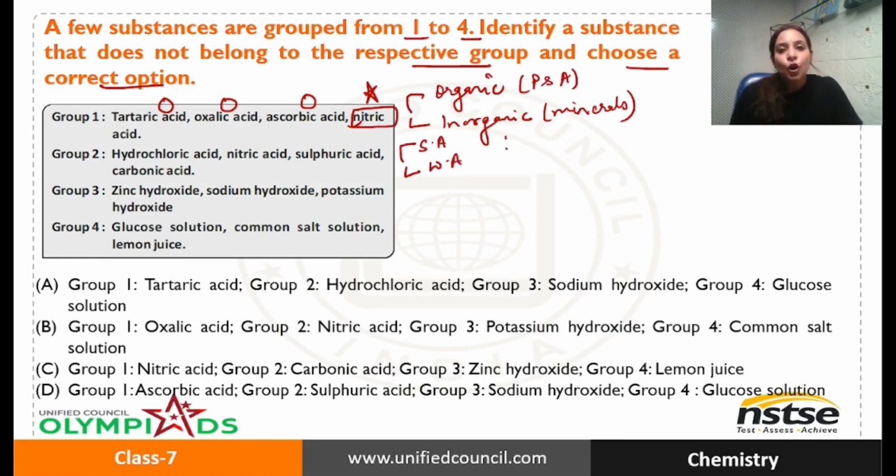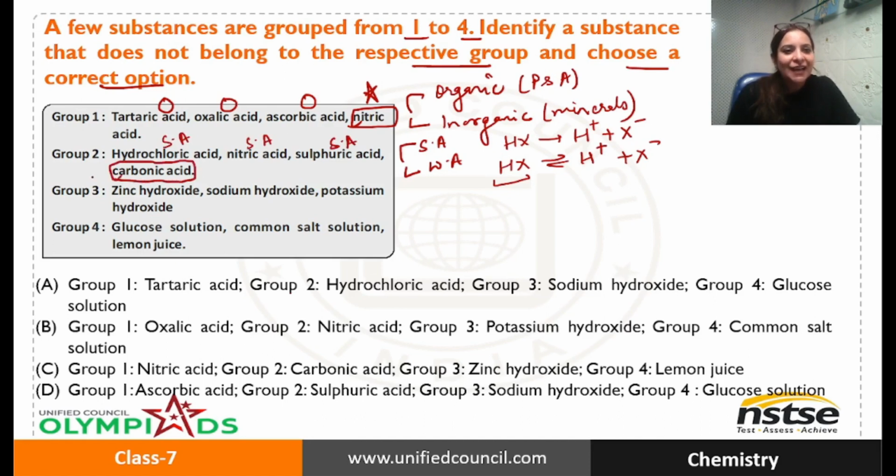Strong acids are those which completely dissociate to form ions in water, and weak acids partially dissociate, that means they have undissociated molecules also present. So hydrochloric is a strong acid, nitric is a strong acid, sulfuric is a strong acid. Unfortunately, carbonic acid is the odd one out because it is a weak acid. It partially dissociates. Okay, group 3: zinc hydroxide, sodium hydroxide, potassium hydroxide. All of them are bases.